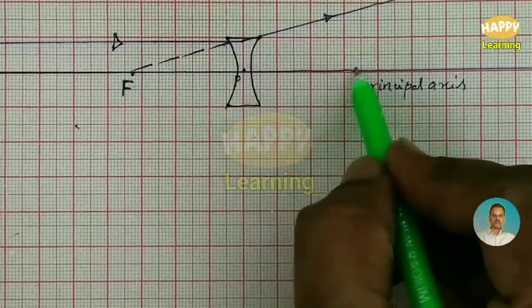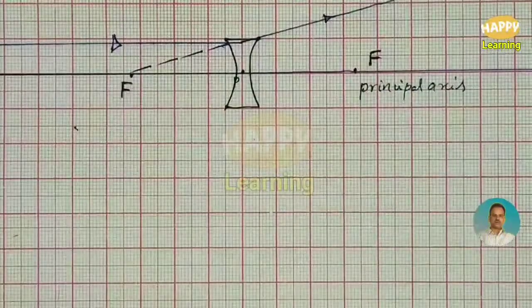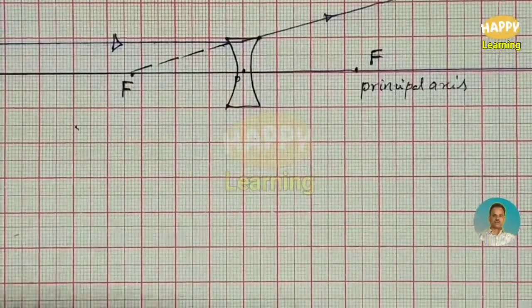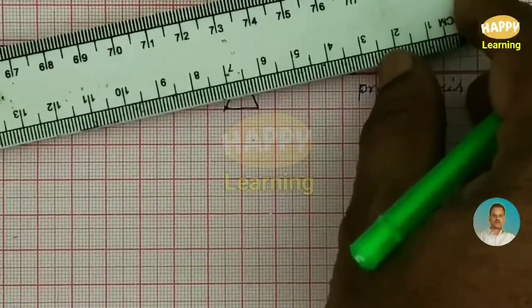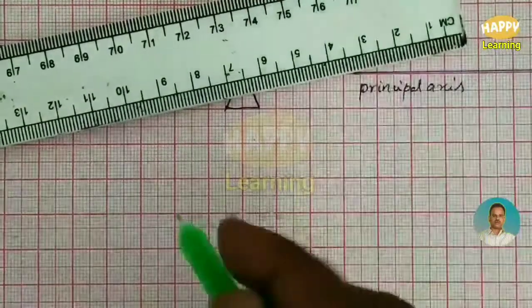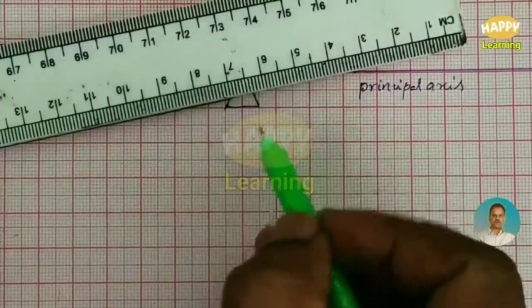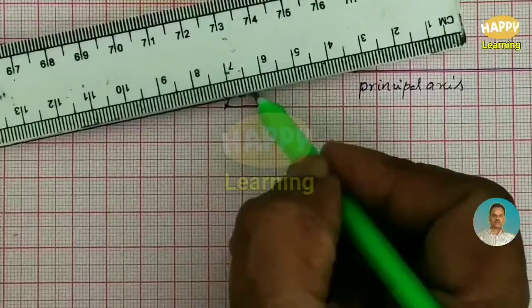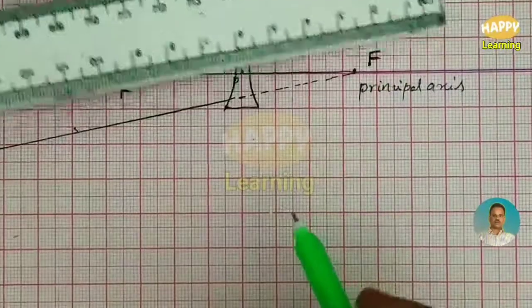Somewhere here you have the focus on the other side. This is focus on the other side. If a ray is incident such that it is trying to enter into the focus. So this is a ray and it is in such a way that it is trying to enter into the focus.